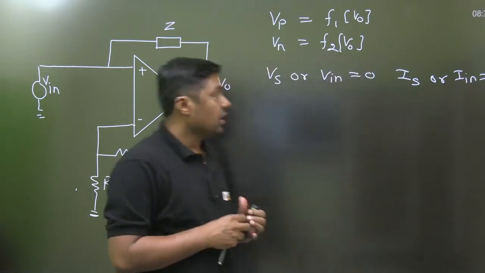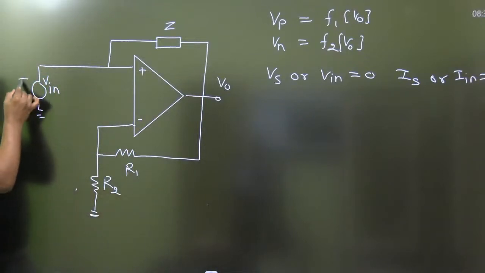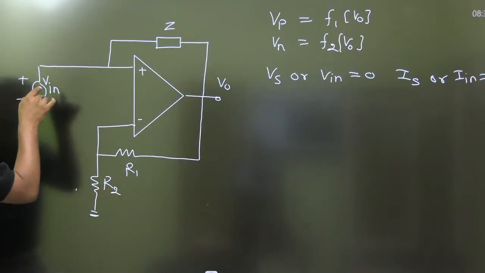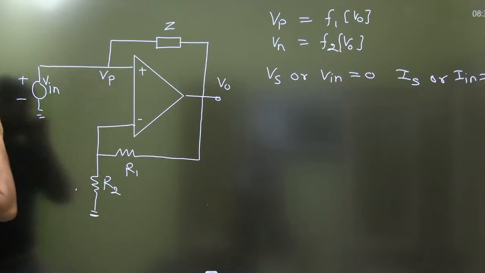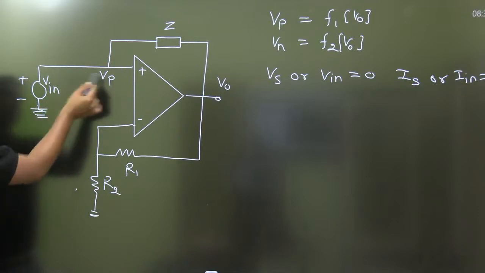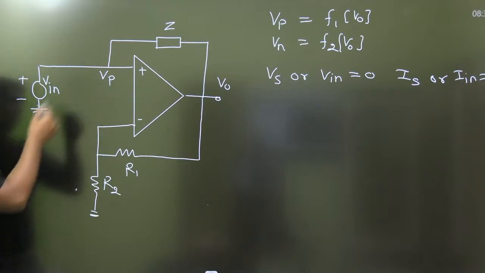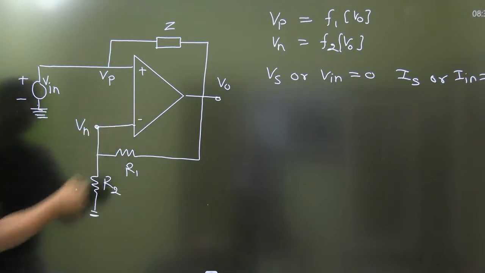For example, in this diagram there is a voltage source, so make it short circuit. When I make it short circuit, what is the value of Vp? Everyone tell me. Vp will become 0. Now what is the value of Vn in terms of V0?